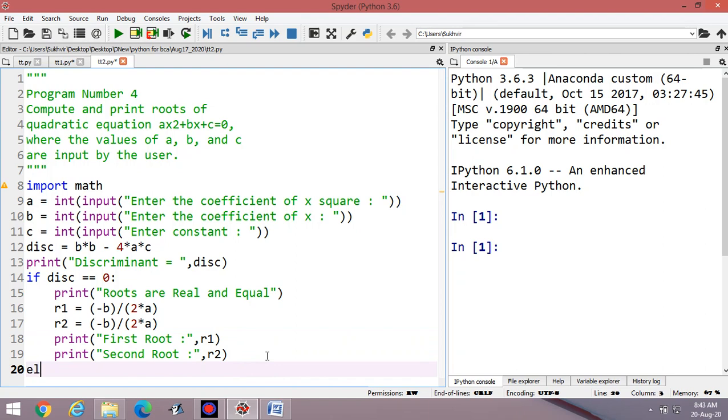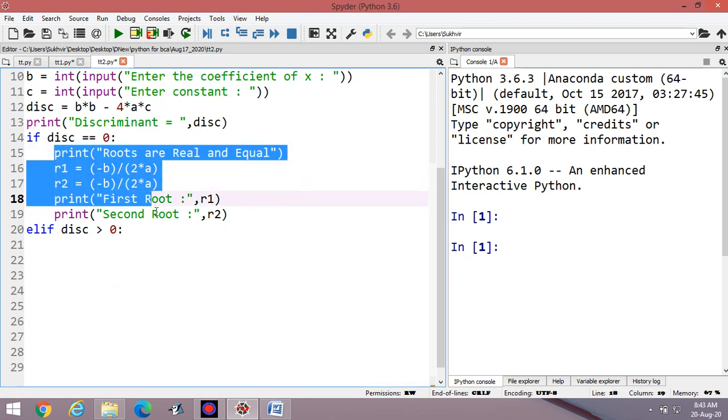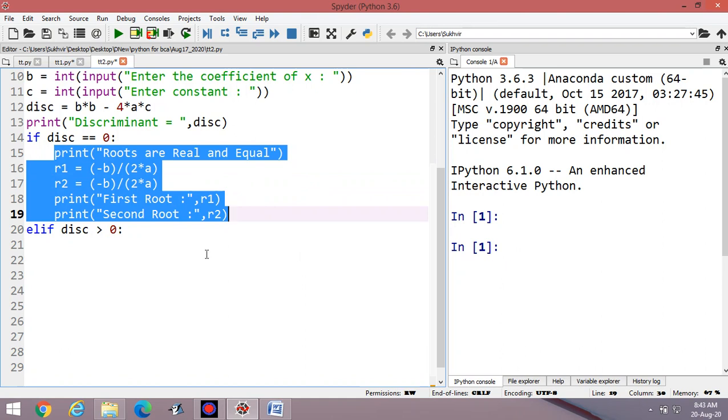Now, the second one, else if discriminant, second condition is discriminant greater than 0. If the value of discriminant is greater than 0, then what you have to do, let's copy and paste this content.